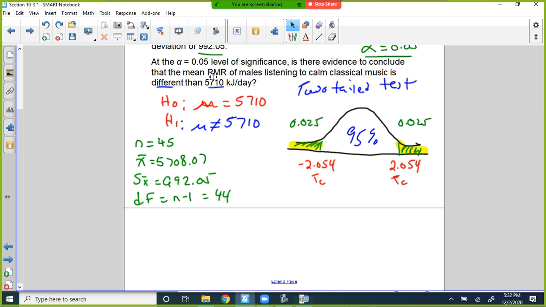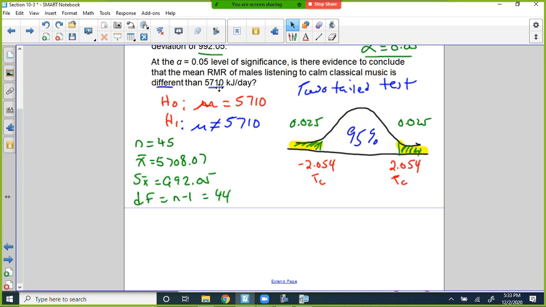Right here, our claim, at an alpha of 0.05 level of significance, is there evidence to conclude that the mean resting metabolic rate of males listening to calm classical music is different than 5710? So they're stating a claim. They're saying, is it different than 5710? They're not saying whether it's greater or less than, right? So they're just saying, does it not equal 5710?